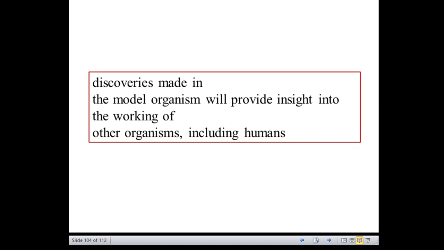So, what needs to be focused here is these organisms, be it the frogs or sea urchins. Now you have a list of a wide variety of organisms. When they are chosen, it is believed that whatever the data you get or whatever the discovery you make will surely provide an insight into the working of other organisms, including the humans.